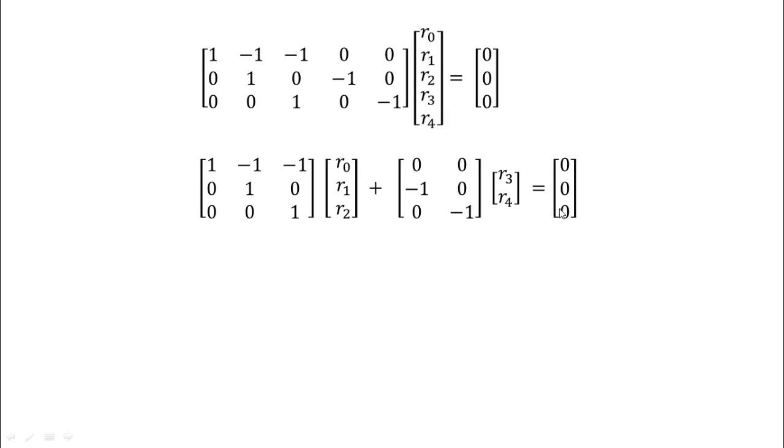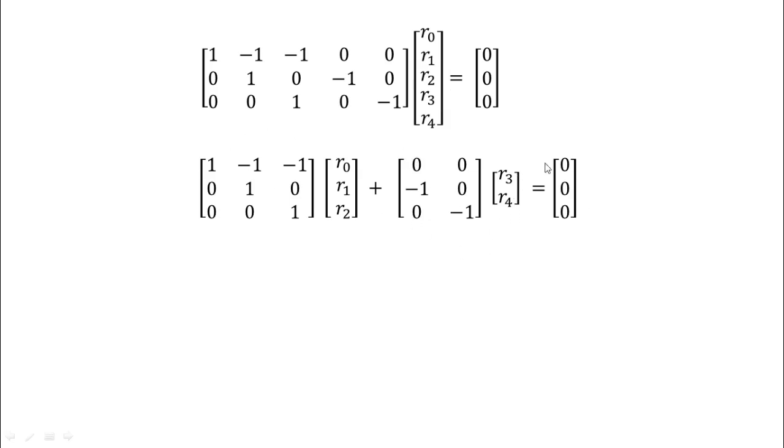So this is the intracellular matrix, which we have taken to be 0, and which can be represented as this part alone corresponding to R0, R1, R2, and this part alone corresponding to R3, R4.